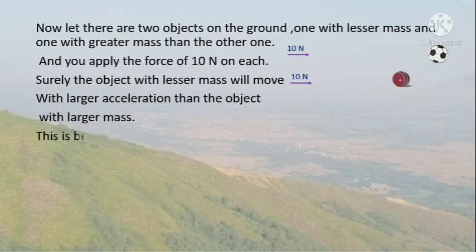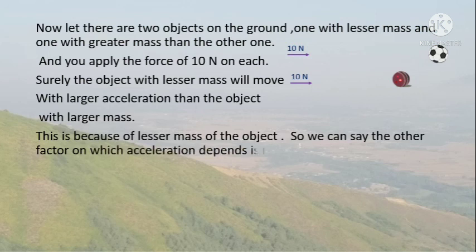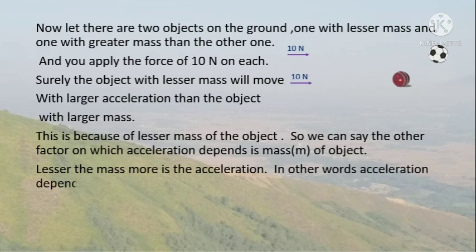This is because of the lesser mass of the object. So we can say the other factor on which the acceleration depends is the mass of an object. Lesser the mass, more is the acceleration. In other words, acceleration depends inversely on the mass of the object.